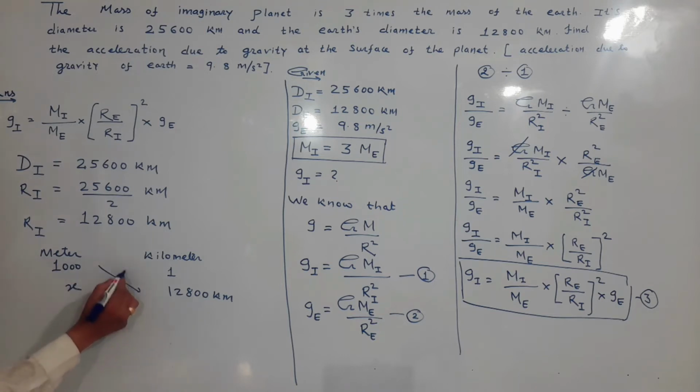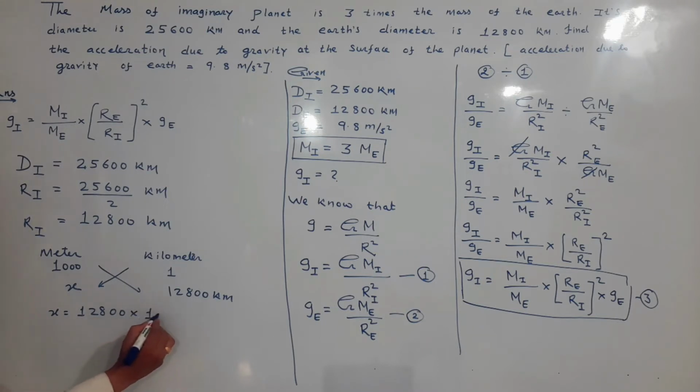We'll take the cross multiplication. X is equal to 12800 into 1000, and this value will be in meter.